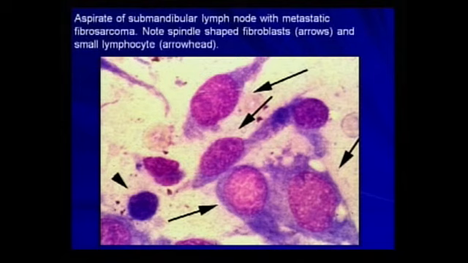Sarcomas tend to be more infiltrative. They do not tend to get into lymphatics to metastasize nearly as often as carcinomas, but every once in a while you can have a lymph node aspirate with numerous spindle cells. And this is from a dog with a large fibrosarcoma within the mouth.